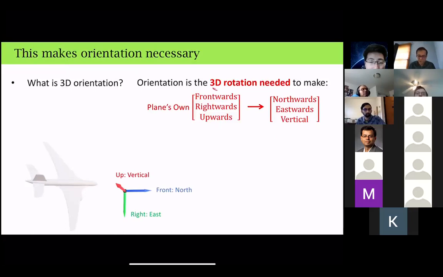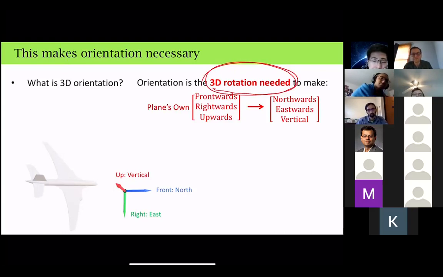So the 3D rotation needed to bring the local coordinate frame to the global coordinate frame can be called the plane's orientation. This is actually beautiful. So if you know that 3D orientation, that 3D rotation matrix, you are in business.